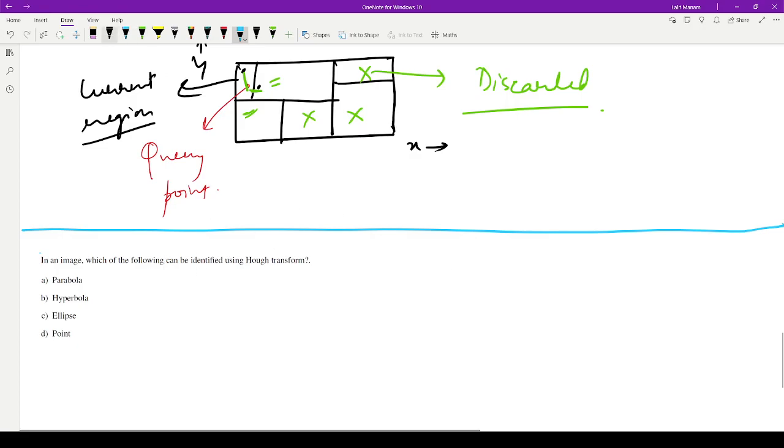Yes or no? Why do you say that? When can you use Hough transform? If you know that, then this question is just a cakewalk.